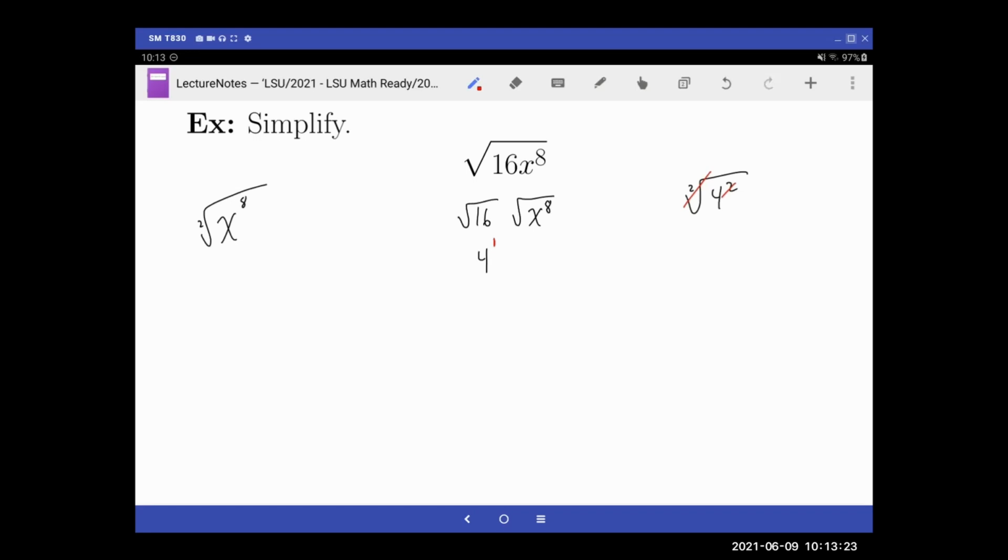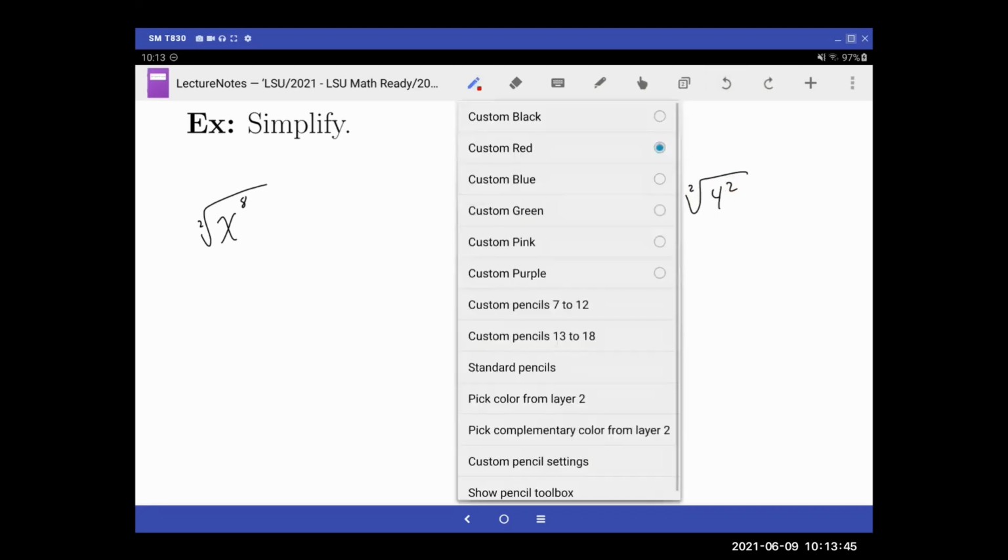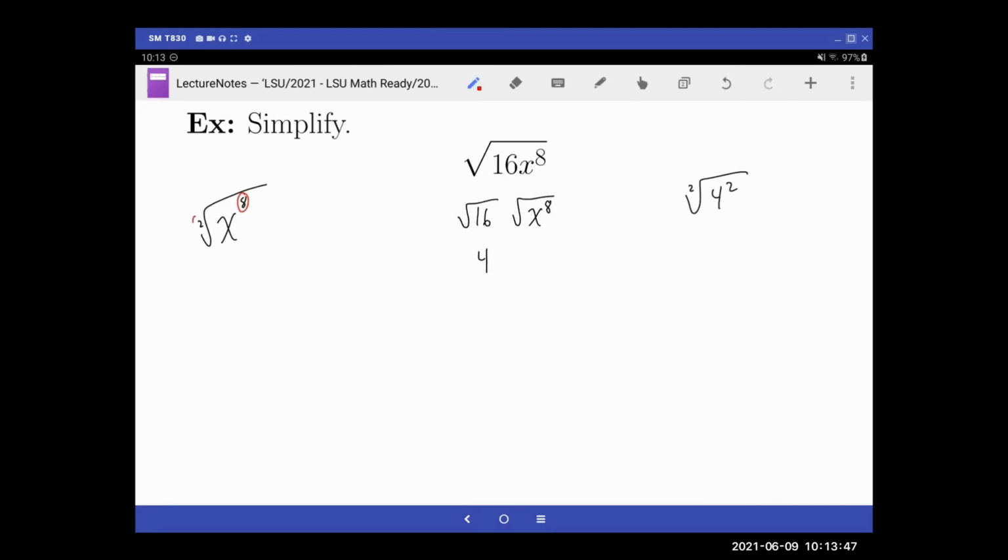Well, one way you may see us getting a 1 for that exponent is dividing this by this. You divide the exponent by the index. And if that happens, sure, that's easy. Let's do the same thing here. 8 divided by 2 is 4. So that's going to leave me with x to the 4th.